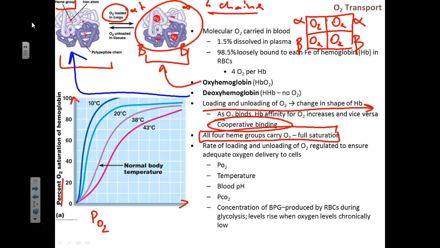And here you have saturation. Okay? So basically, this graph shows you that higher partial pressure corresponds to higher saturation. Does that make sense?